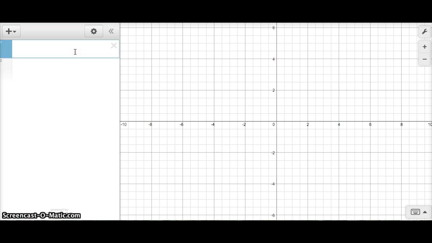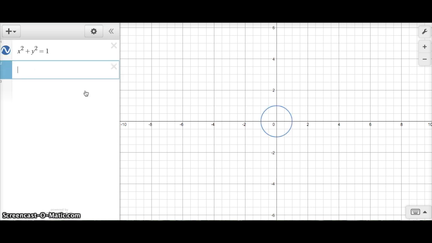Okay, so let's start by making the circle itself, which is x squared plus y squared equals 1. Now, what we can do to represent all the points on that unit circle is write the following and add a slider. Okay, so let's start this at 0 and let's go to maybe 12.56, which is 4 pi, so that's 2 full revolutions.